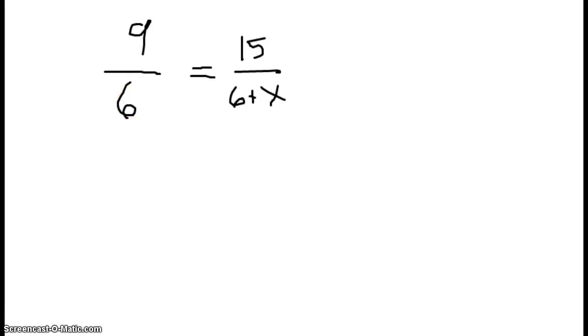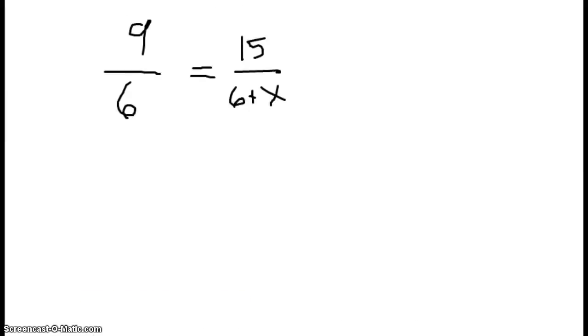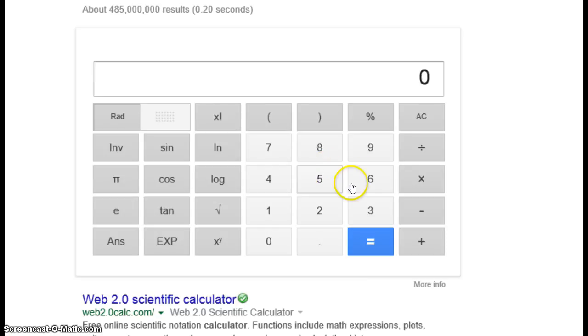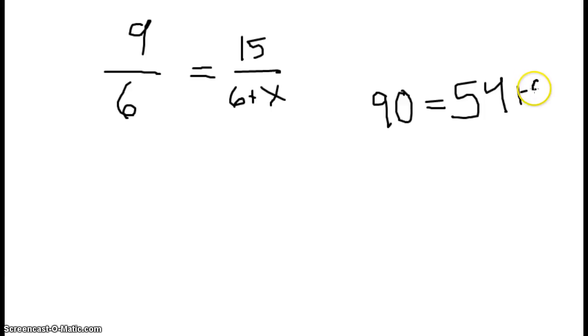So let me pull up my calculator. 6 times 15 equals 90. So on one side we have 90 equals, now we're going to do 9 times 6, that equals 54, so now we have 54 plus 9x, because we have to distribute the 9.